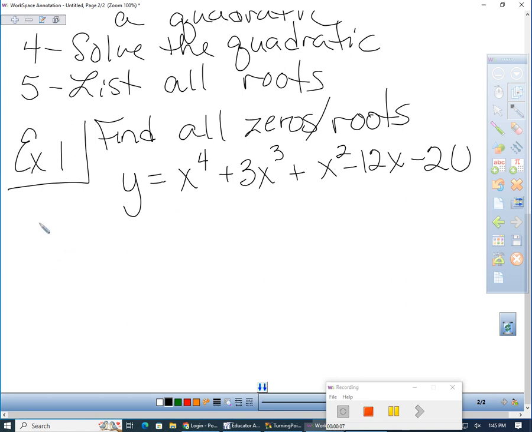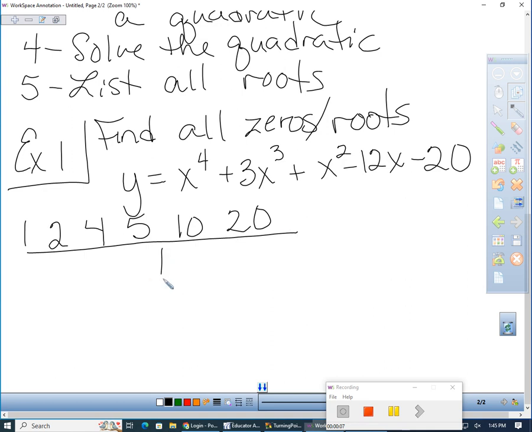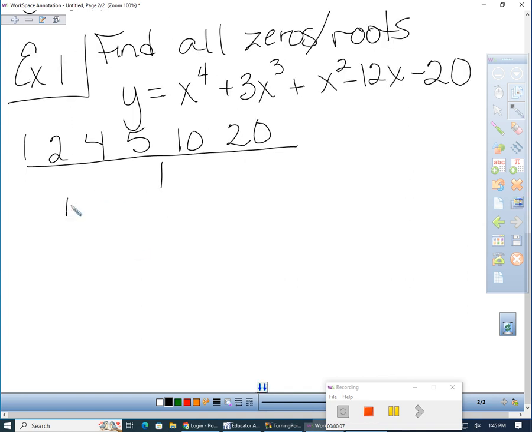So all factors of 20 are 1, 2, 4, 5, 10, and 20. And we're going to divide them all by, what's the factors of 1? 1. All right. So technically our possible zeros are plus and minus 1, plus and minus 2, plus and minus 4, plus and minus 5, plus and minus 10, and plus and minus 20. This right here is step 1.